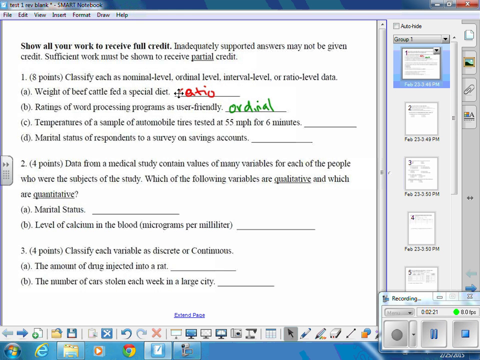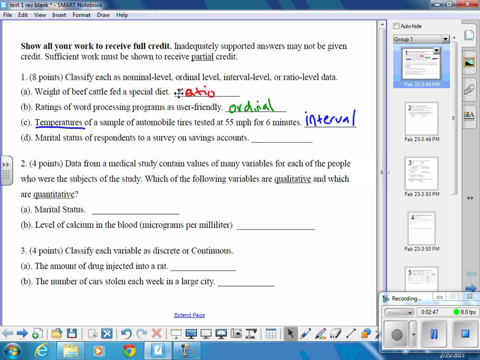The next one says temperatures of sample automobile tires tested at 55 miles per hour for 6 minutes. That is interval level data. The reason has to do with temperatures, with things where there is no true zero. If you hit 0 degrees on a thermometer, that doesn't mean there's nothing beneath that.